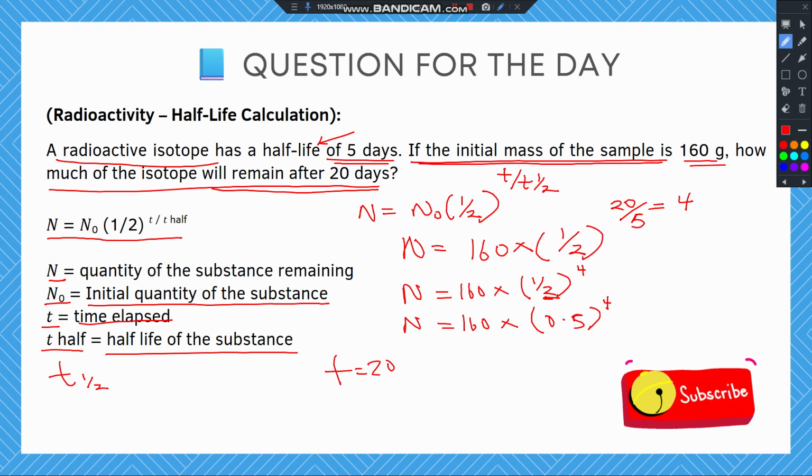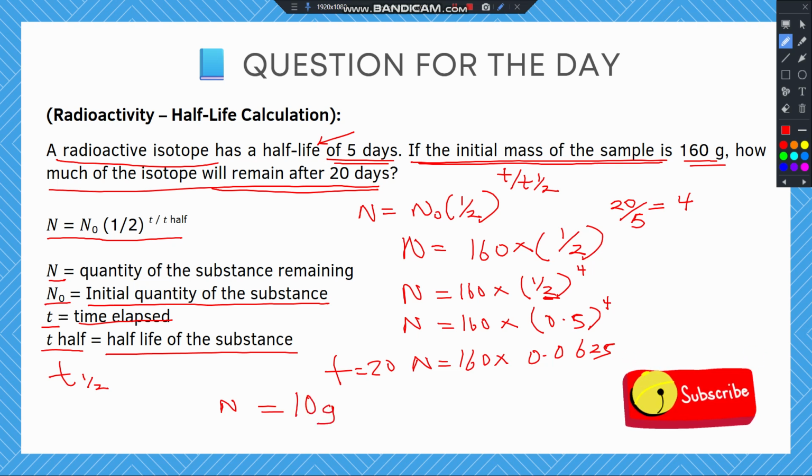So if we say 0.5 raised to the power of 4, that gives us N is equal to 160 multiplied by 0.0625. When we say 0.0625 times 160, it becomes 10.